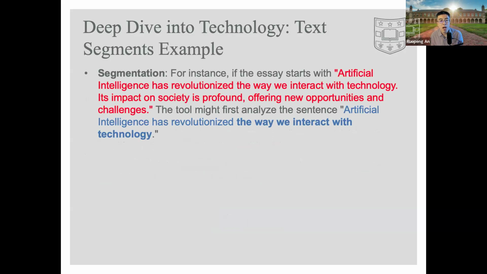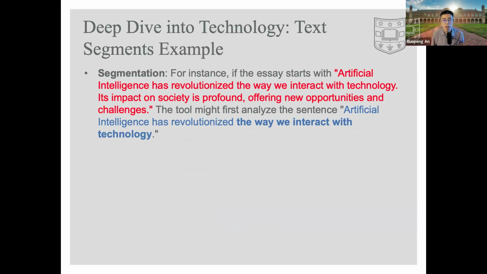For example, how Turnitin can segment a sentence into different pieces and analyze them contextually and then put them together. For instance, an essay starts with: Artificial intelligence has revolutionized the way we interact with technology. Its impact on society is profound, offering new opportunities and challenges.